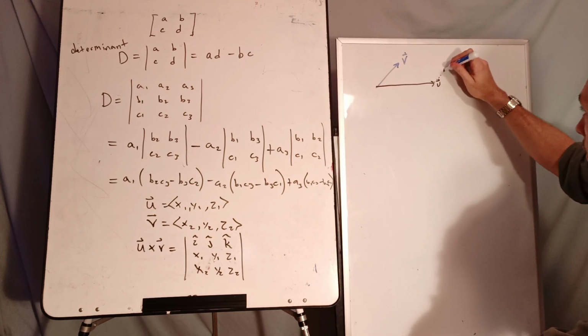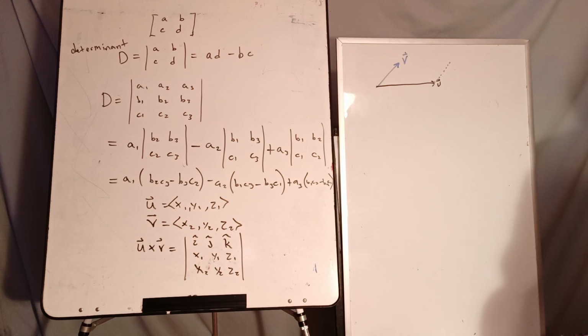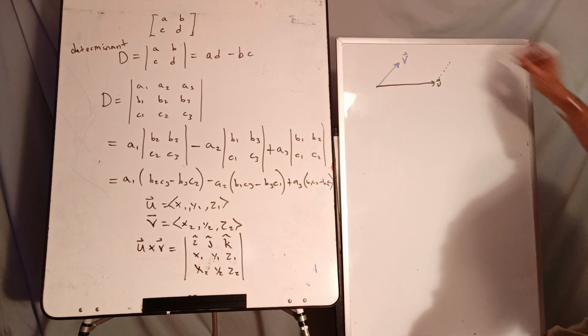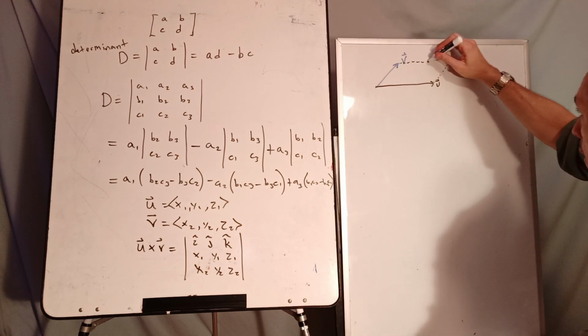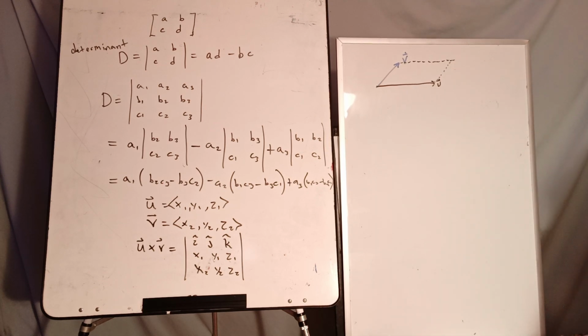If I go towards their sum, U plus V, off in this upper corner, there's a natural shape that gets made, right? And we might ask what the area is of that shape.